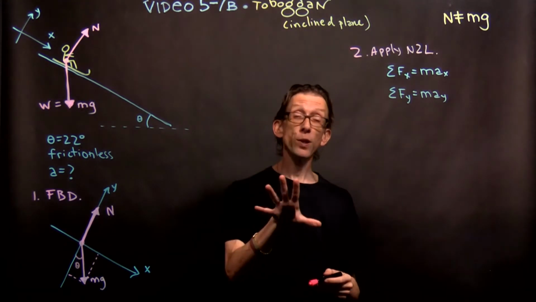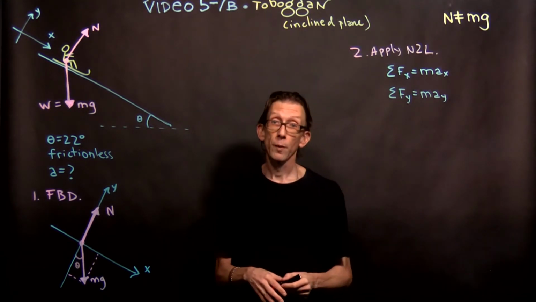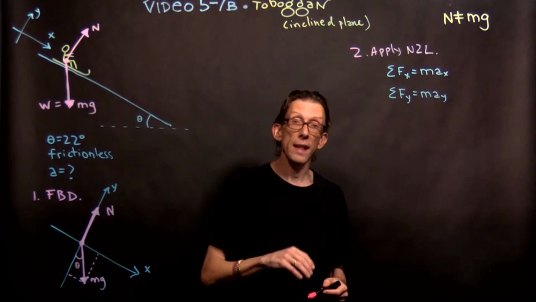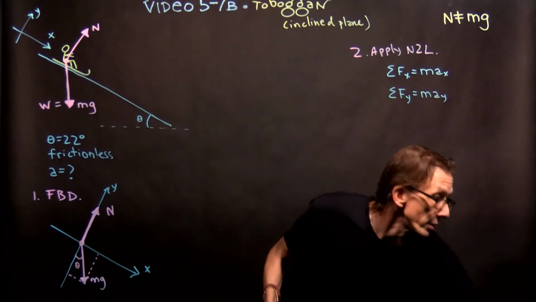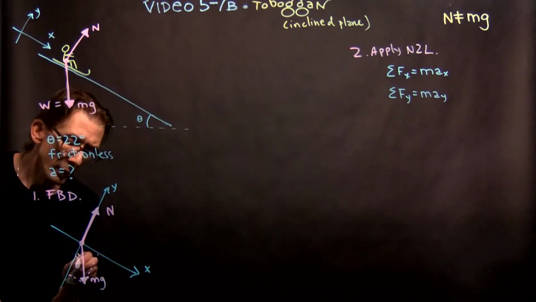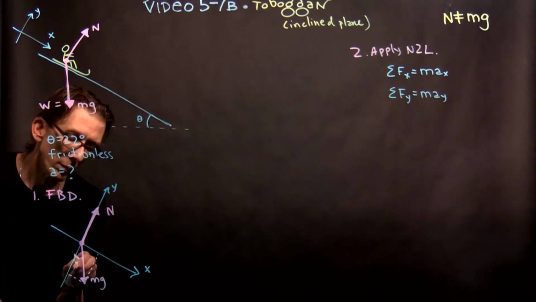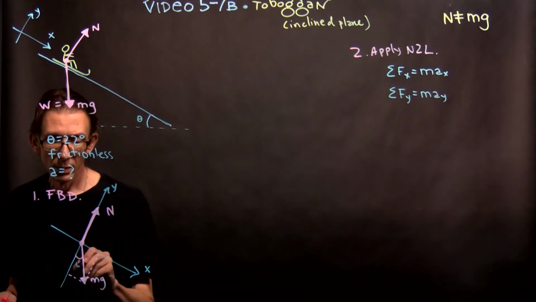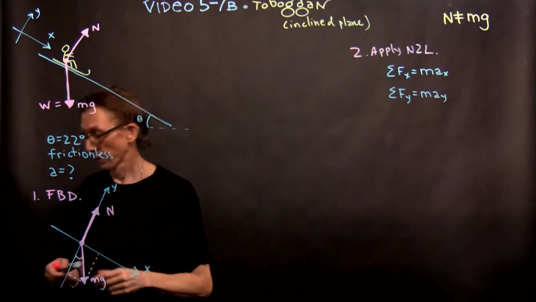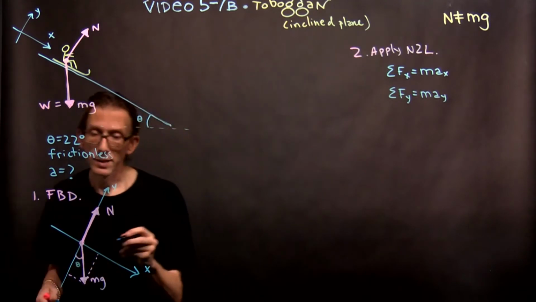We are not using the position angle here. We want to keep things in terms of that theta. And this theta here is equal to this. Let me erase this here. Make it blue. That's the same theta in both cases, okay?